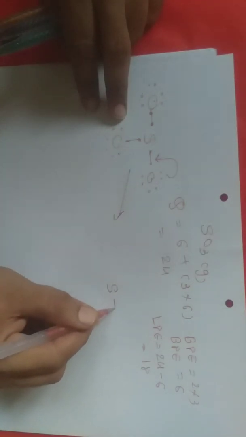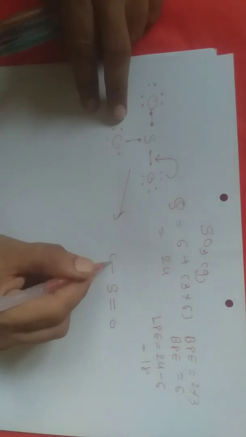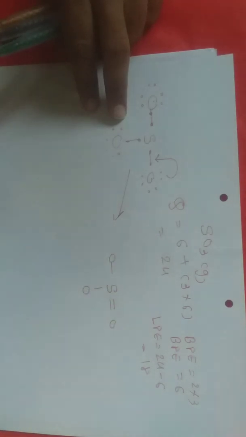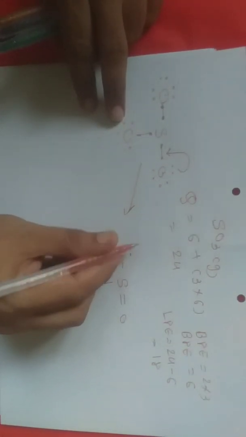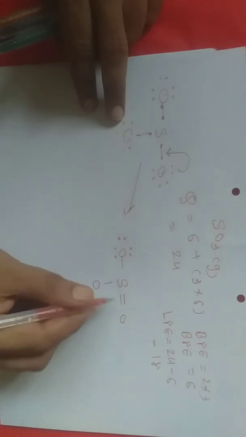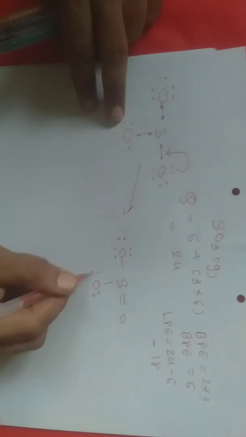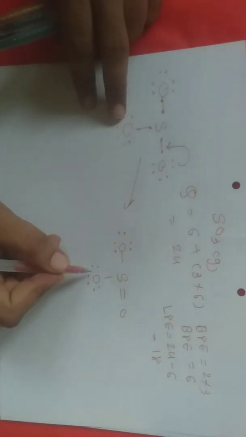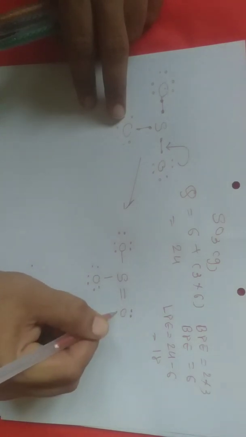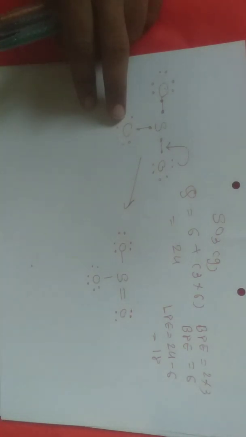So I will put this, the final structure of SO3. Now here there are 4 electrons on this oxygen atom, right? But 6 electrons are there on these 2 corner oxygen atoms.